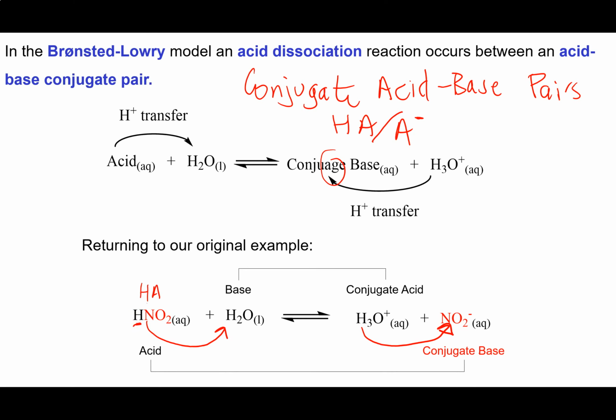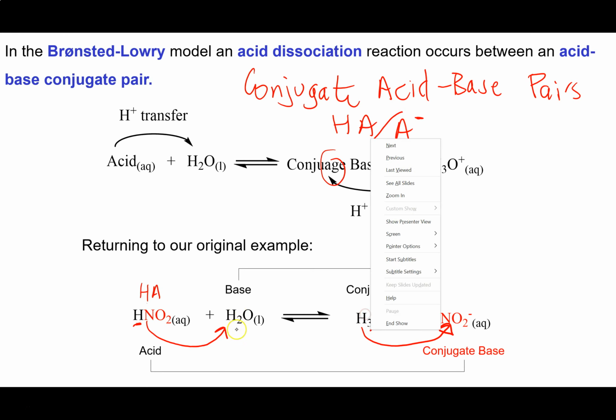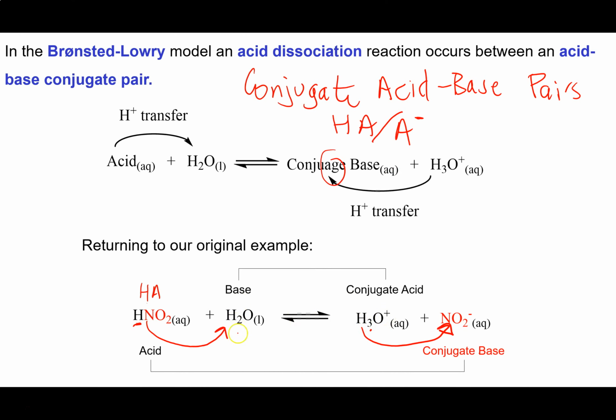And you can see that the acid always has the extra proton. And then in the reverse, it's the same, right? Here's our acid, here's our base. The only difference is that the acid has an extra proton. So we're going to be talking about conjugate acid-base pairs, things that differ by 1 proton, and the thing that has the extra proton is an acid, and the thing that has 1 less proton is a base.